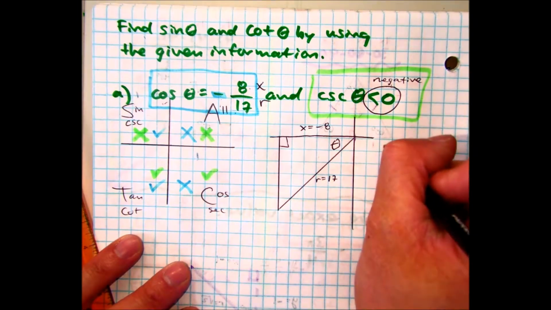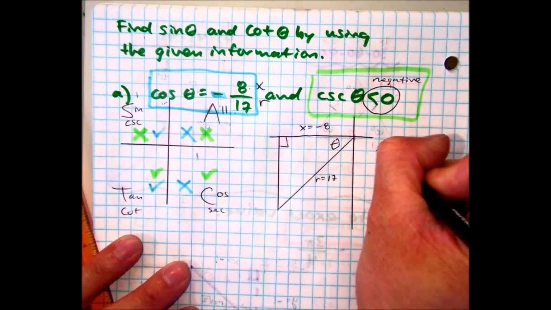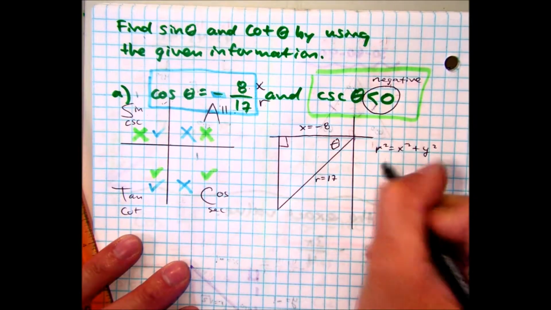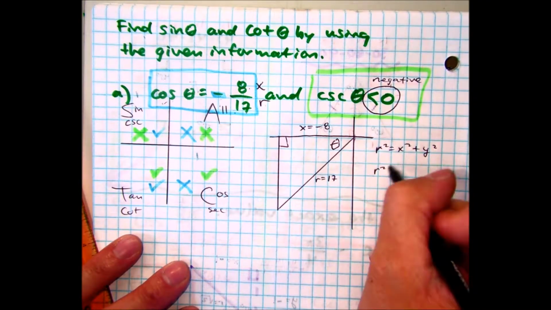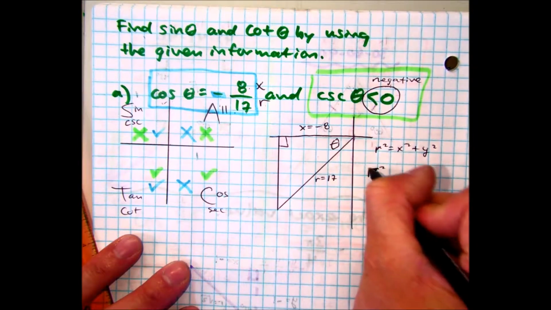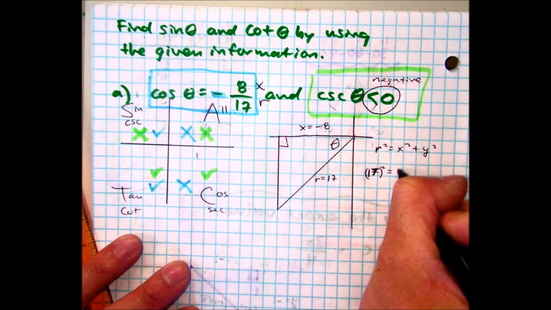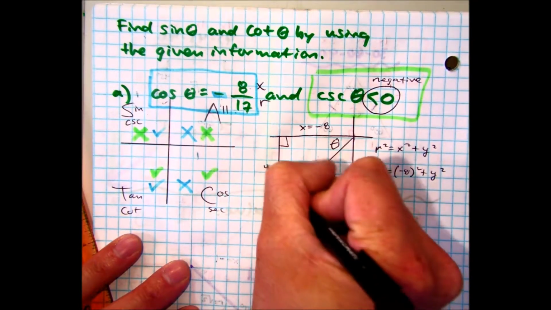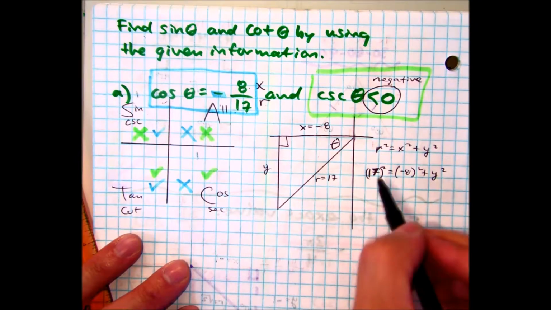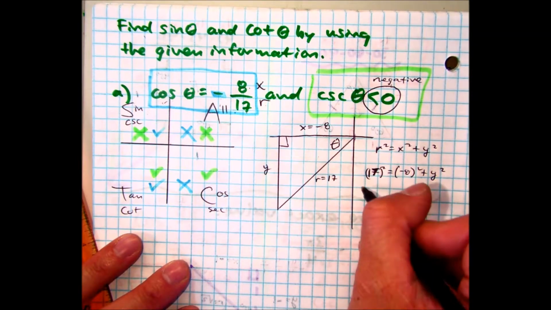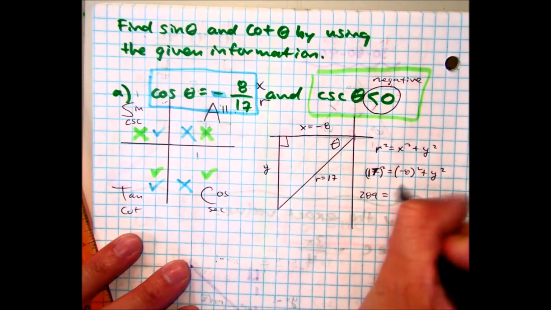I can use the Pythagorean theorem. r squared equals x squared plus y squared. I already have the r value, which is 17, so I have 17 squared equals negative 8 squared plus y squared. Put in your calculator 17 squared. What is it? Negative 8 squared.